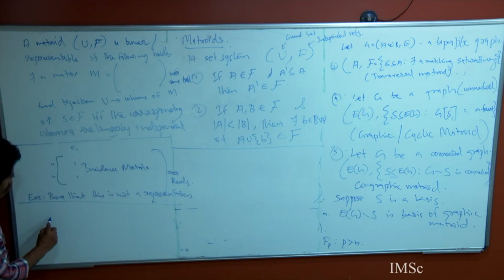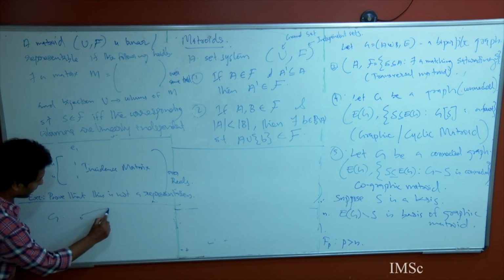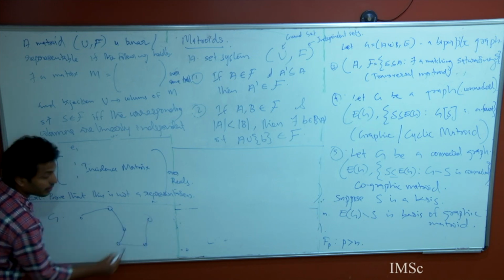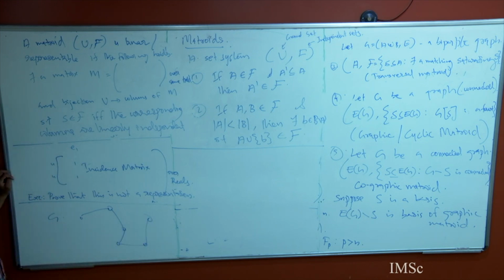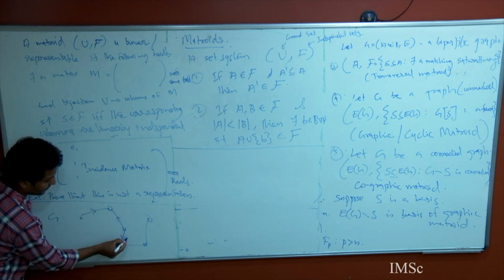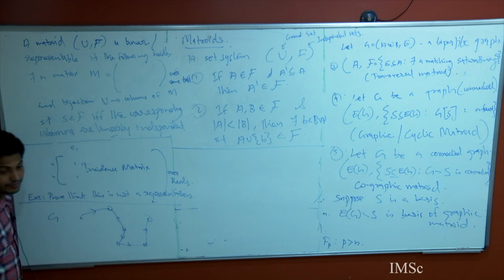So we have a graph G, right? It will look like some undirected graph, okay, arbitrarily oriented. Arbitrarily orient.